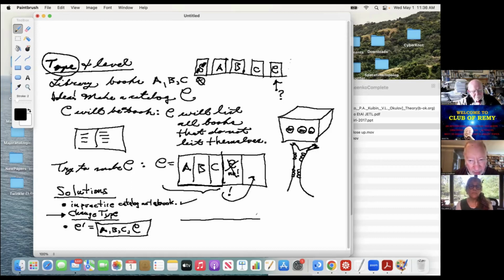But now we have a new book, and this book is listing these books. So here's the shelf, and we started out with the forbidden S, which talked about itself, and then we had A, and B, and C, and then we had this book, the first catalog, which had A, B, and C in it.